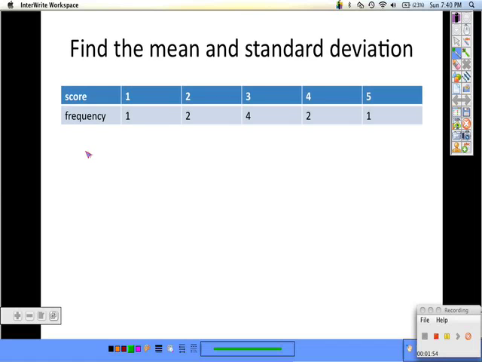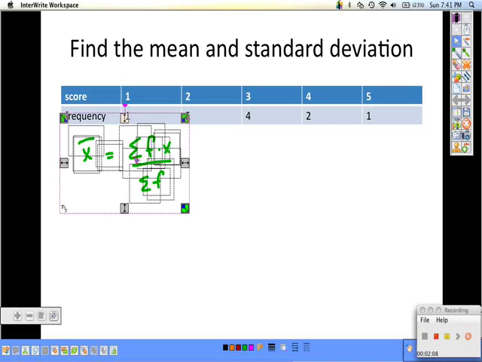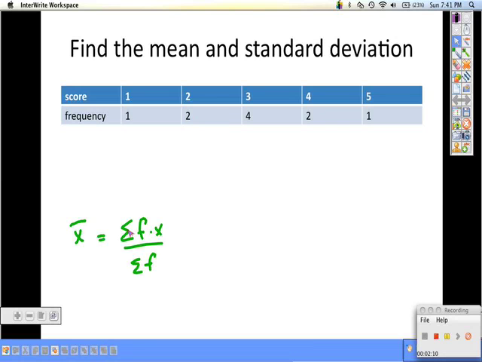To find the mean, remember the formula. So what we'll need to do, and probably the easiest thing to keep yourself organized with all these numbers, is to add a new row to this table, f times x.